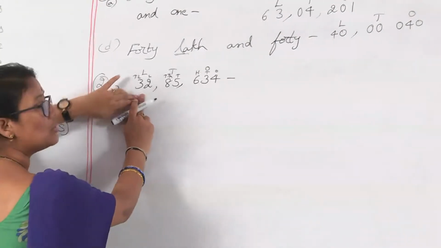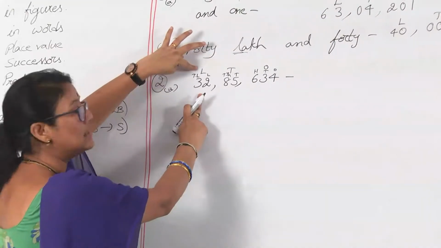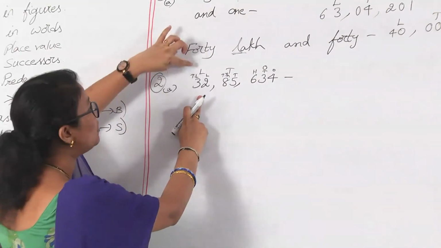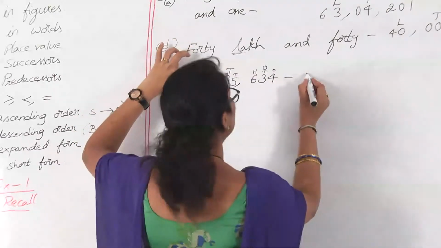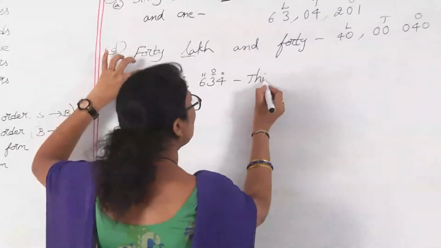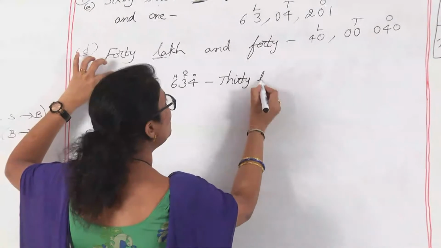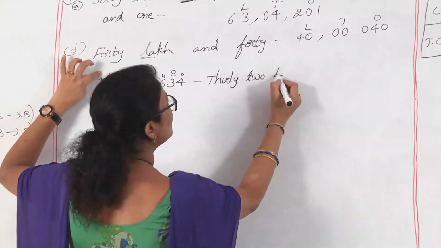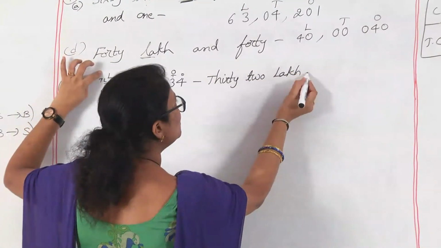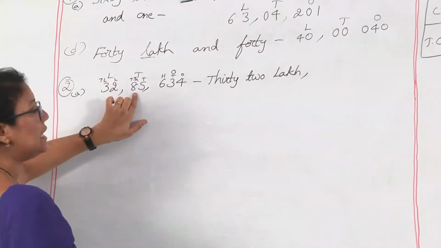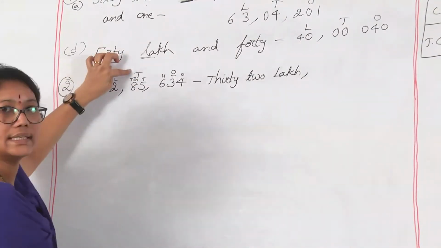Now we are going to write this in words. This 32 is under lakhs period, right children? So we read it as 32 lakh. The same thing we write as 32 lakh, put a comma after the period. 85 is under thousands period.